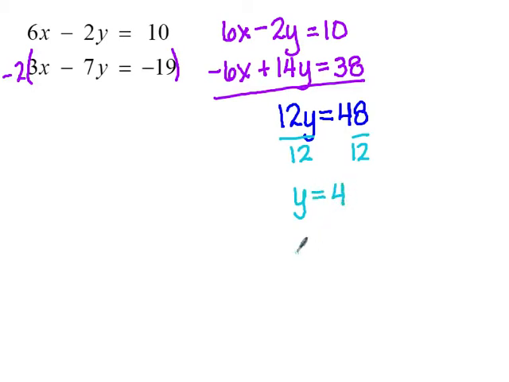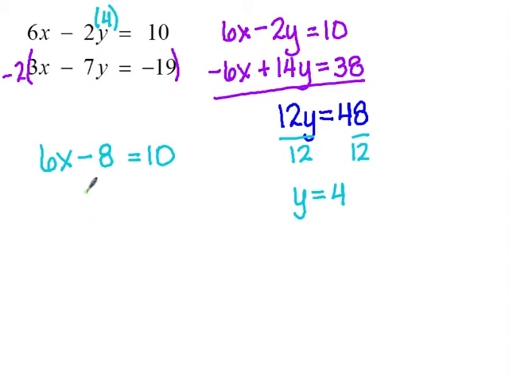What is the next step then? Yep, plug in 4 for y. So I'm just going to use the top equation. Is that okay? So really I get 6x minus what? Which is? Okay, so 6x minus 8 equals 10.